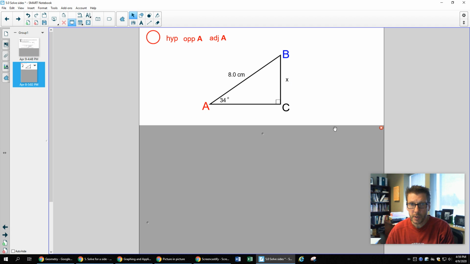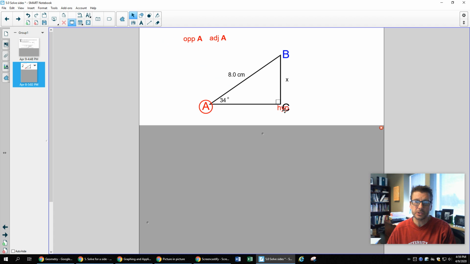So our trig question, and this looks a little bit different than your question, but these are the steps that I want us to go through. So when we look at the information, I want you to start off by labeling the sides and circling the angle. Well, the angle we're talking about is the angle 34 degrees, so I'm going to circle my A. I want to make sure I know which is my hypotenuse.